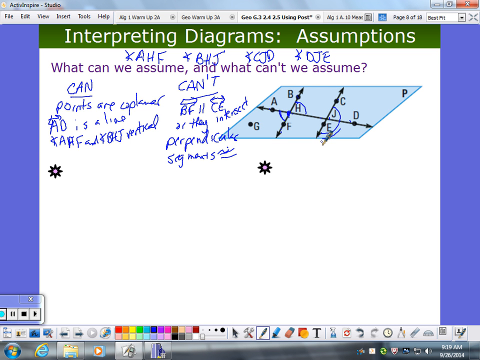Amy, what is that one? Supplementary. We can assume they are supplementary. We can also assume they are a linear pair. Just by looking, you don't have to tell me that. But getting back to what we can't assume: I can't assume complementary, because I don't know that's 90.